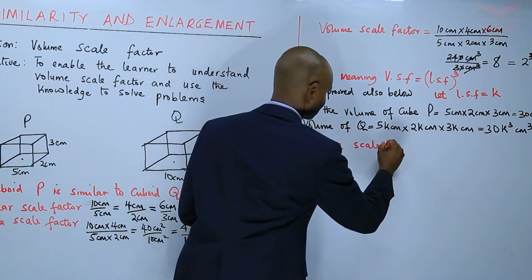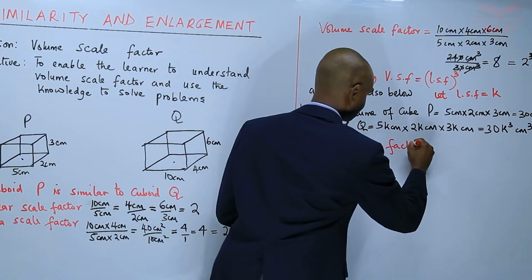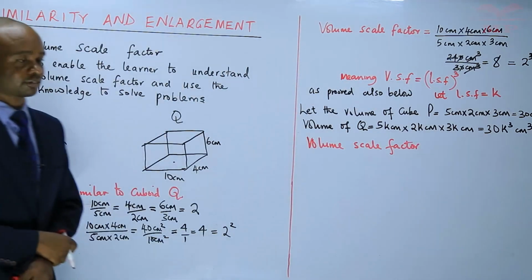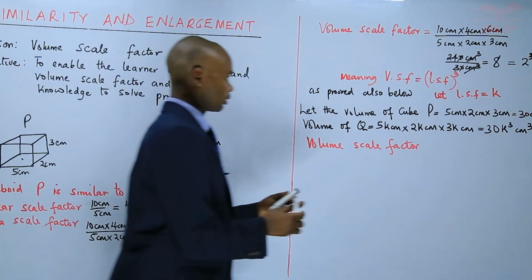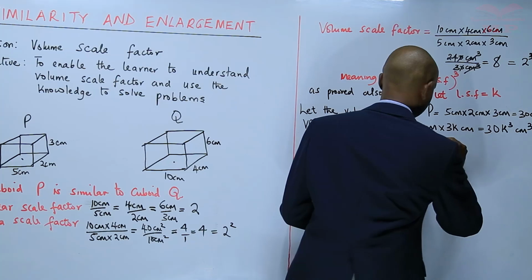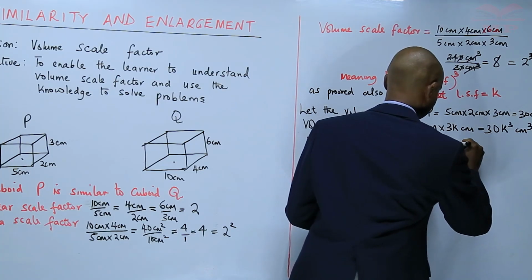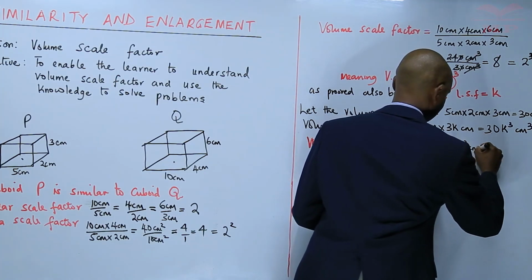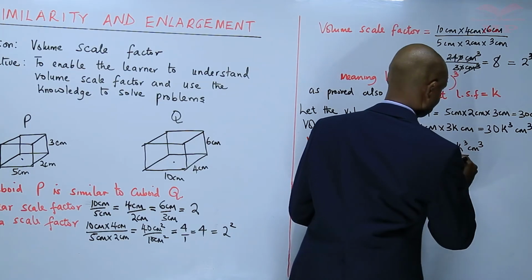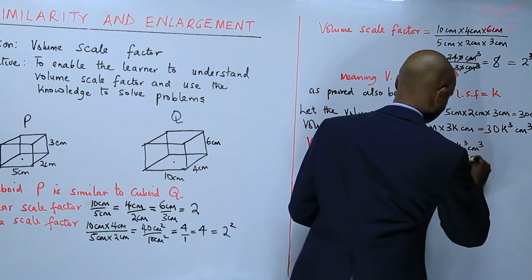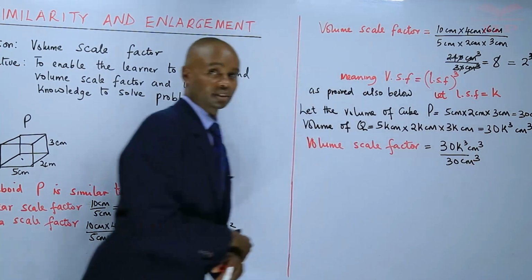My volume scale factor, learner, will be equal to 30K cubed centimeters cubed over 30 centimeters cubed.